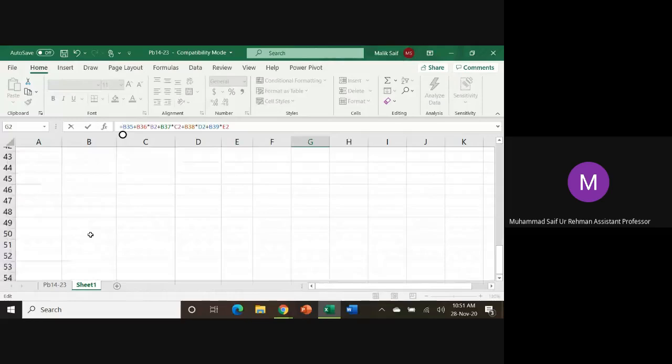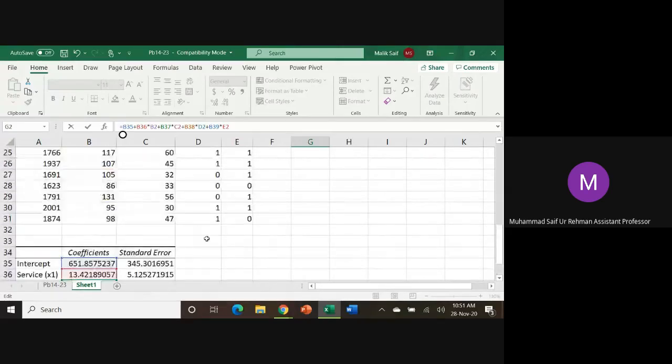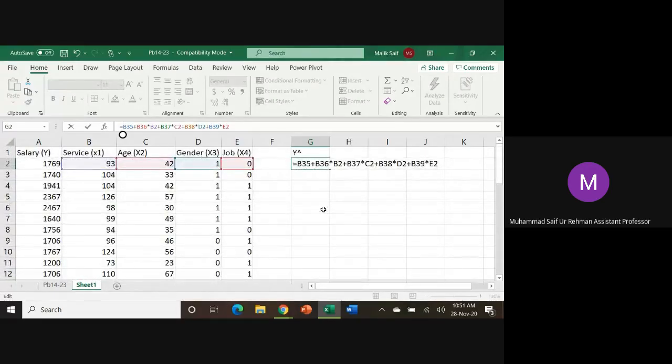So in some cases, you will have the values as undefined. So you have to fix this column, and to fix this column, you have to put the dollar sign here, and again put the dollar sign over here. It means that you are going to fix the column as well as the cell.